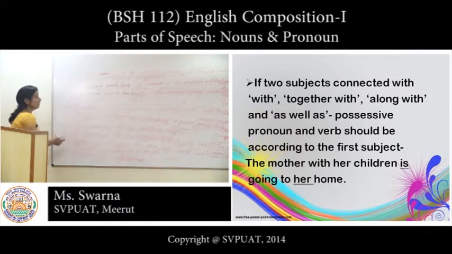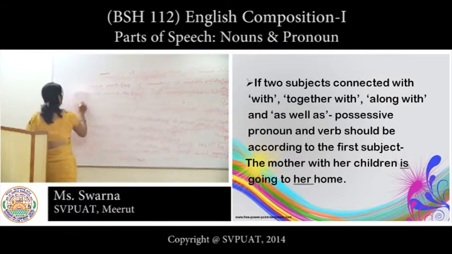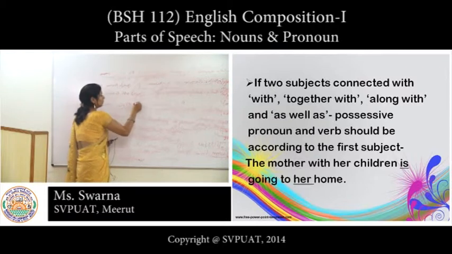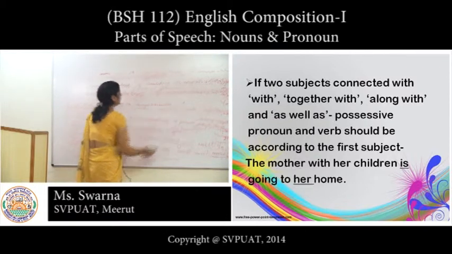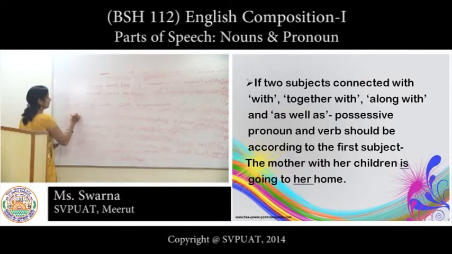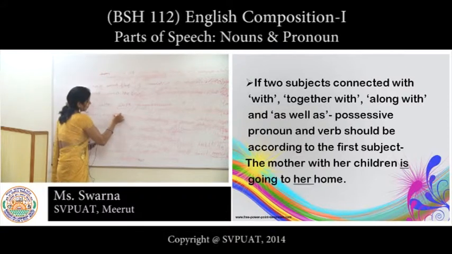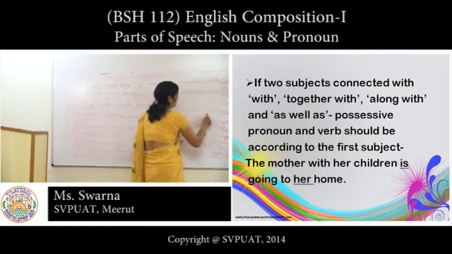And the second rule is when two subjects are connected with along with, together with, or with, then we will use the verb or pronoun according to the first subject. Like the mother with her children is going to her home.